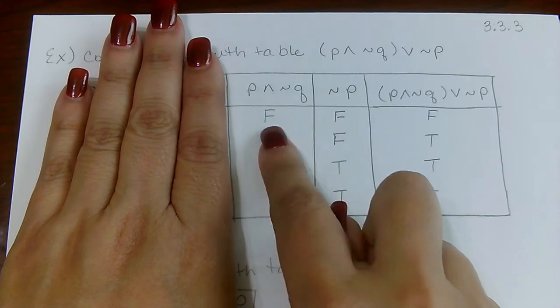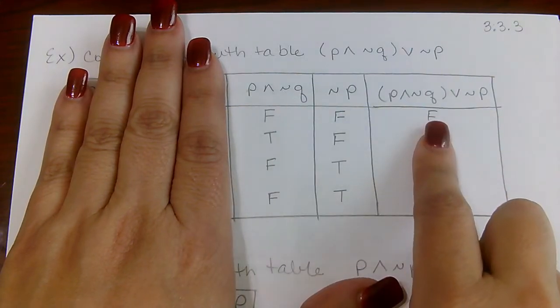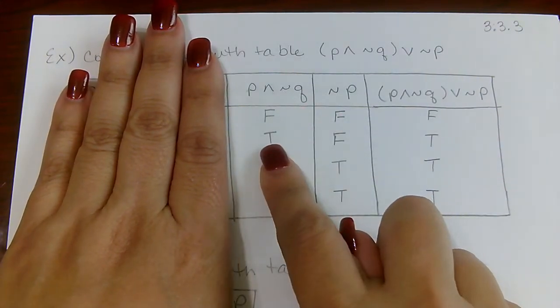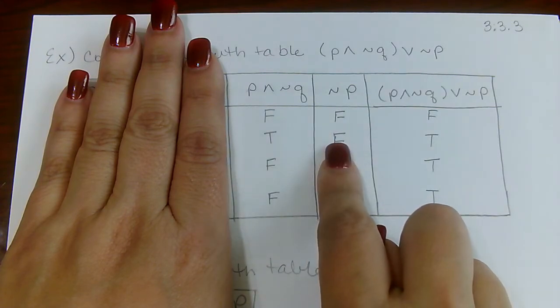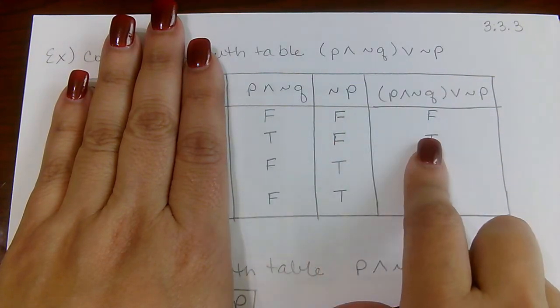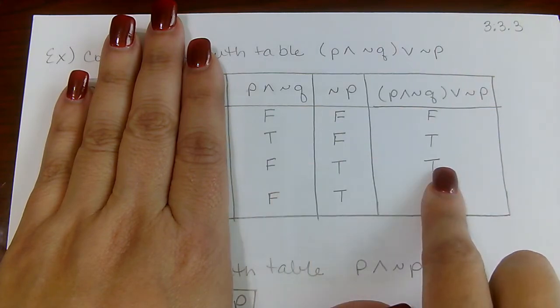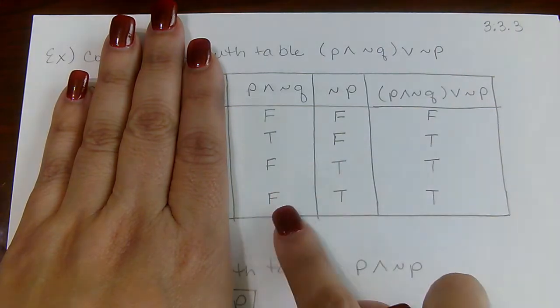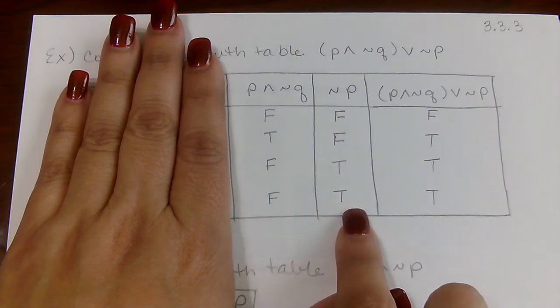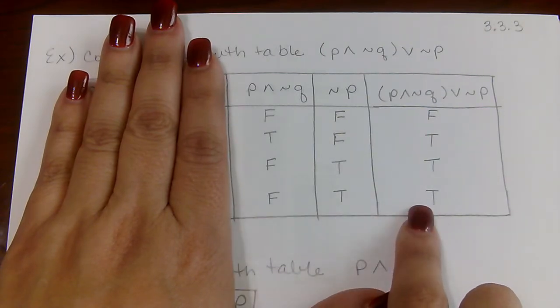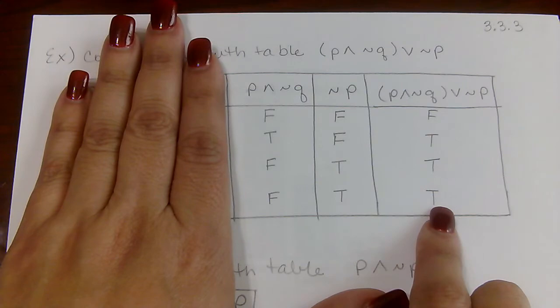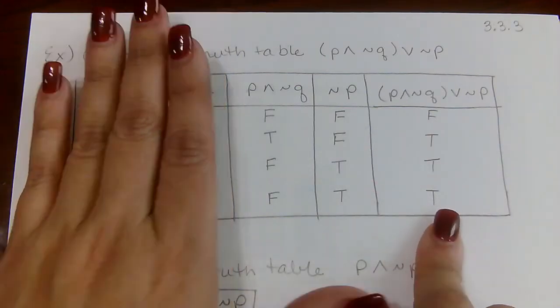Since these two are both false, this is going to be false as well. This one said yes, this one said no, but I need one or the other, so this is going to be true. No, yes, that's true, because I have one person who said yes. False, true, that's going to be true because all I need is one true for this statement to be true.